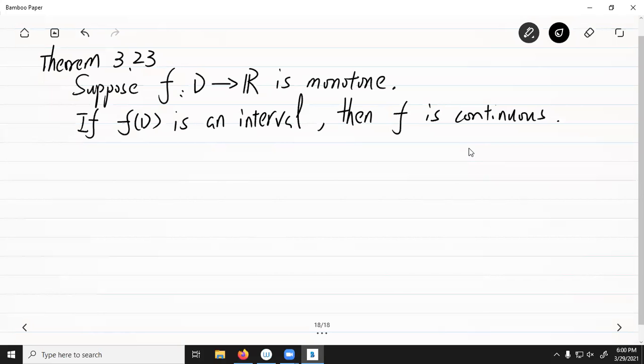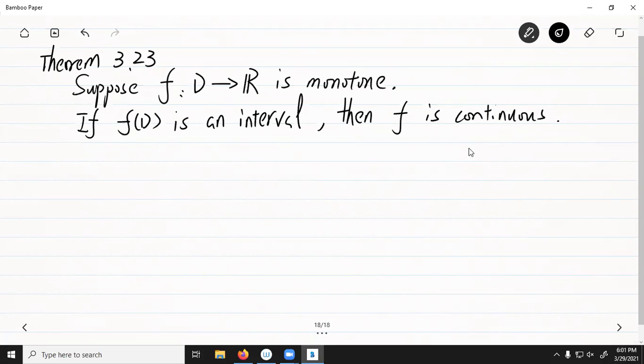Because if f is monotonically decreasing, we can take negative f, which would be monotonically increasing.